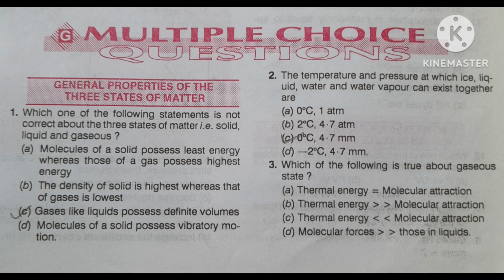Third option, 0 degree centigrade and 4.7 mm pressure. And last option is -2 degree centigrade and 4.7 mm pressure. Just think. Actually, keep pen and paper with you, then it will be easy to solve the questions. Now just think. After that, I will give the answer and explanation.